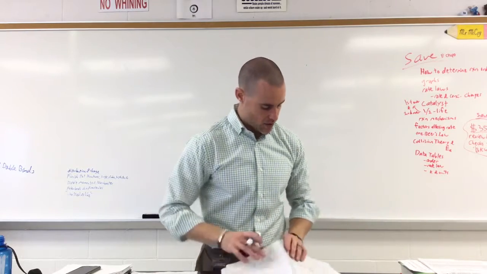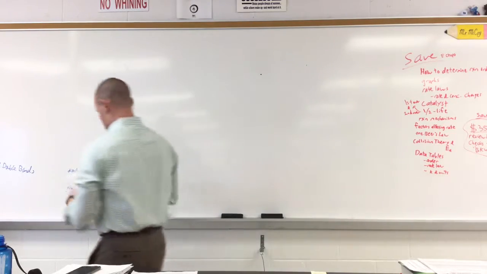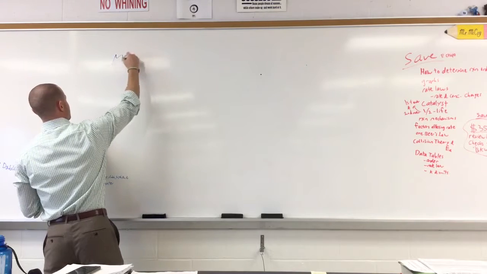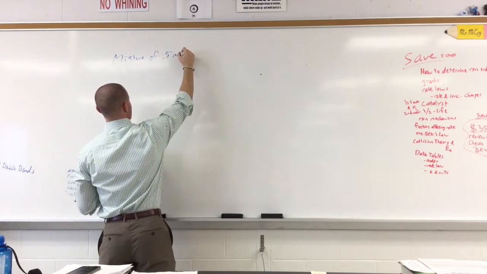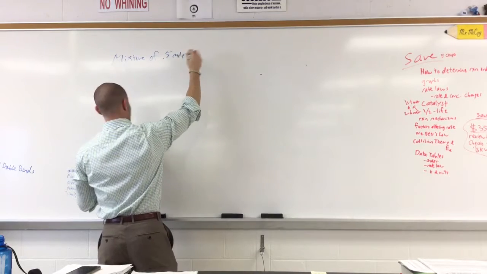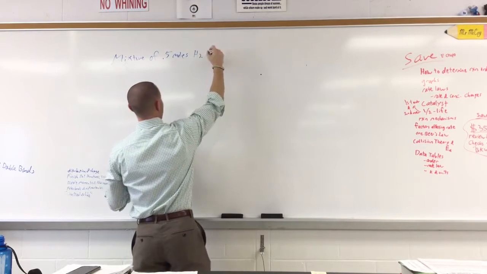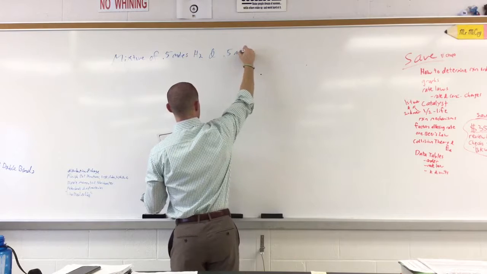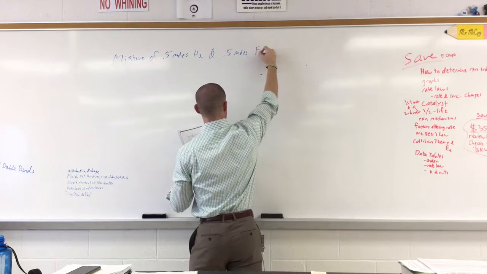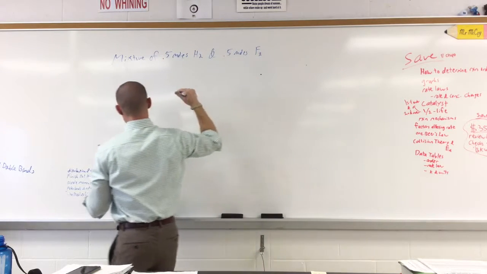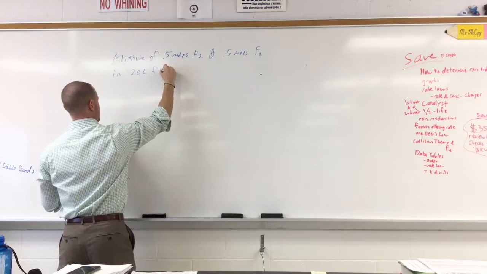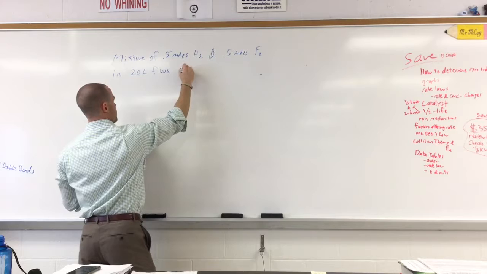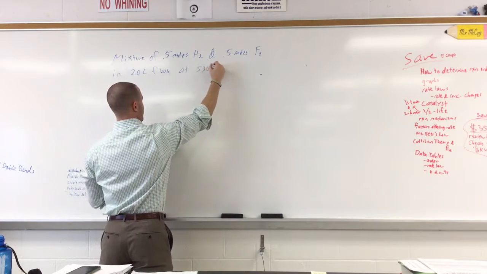All right, here we go. We have a mixture of 0.5 moles of H2 and 0.5 moles of F2 in a 2-liter flask at 530 degrees.